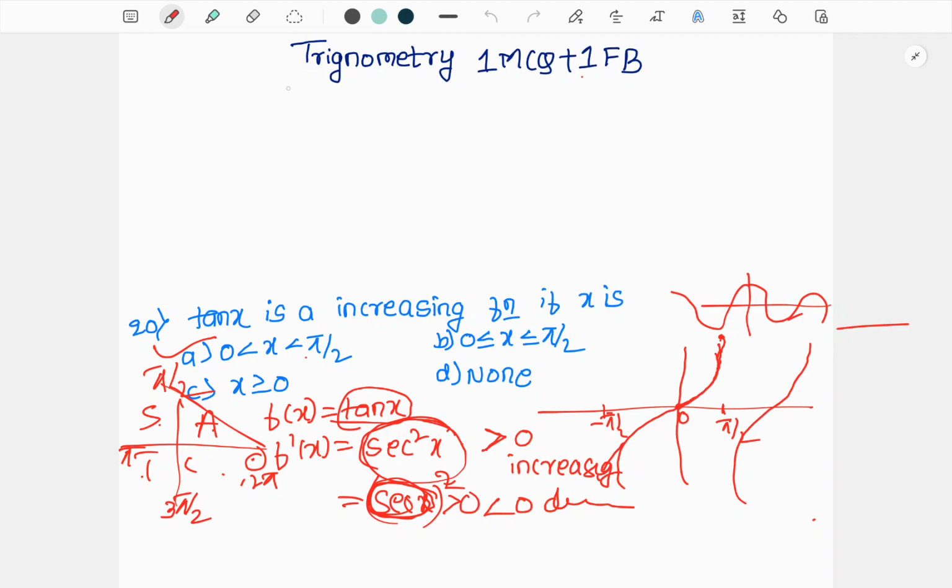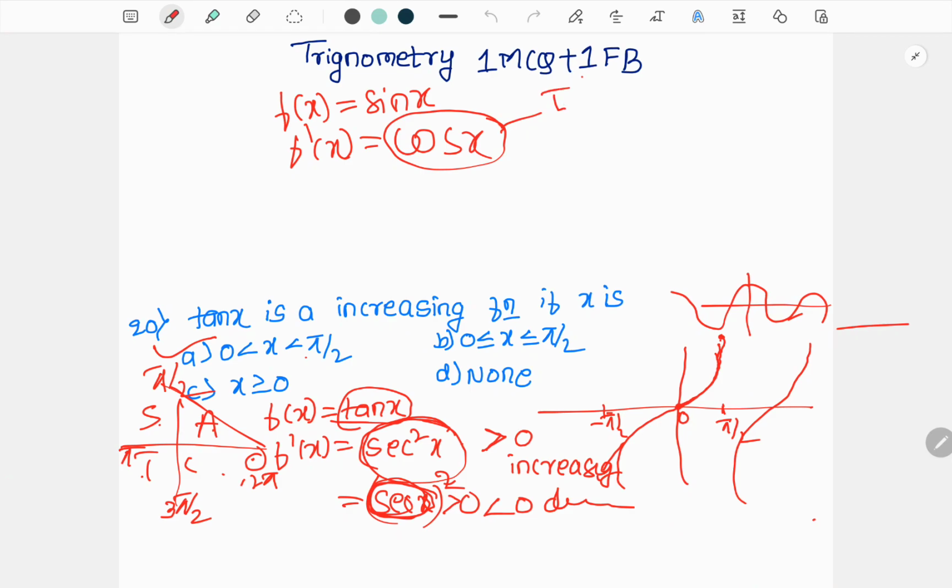I will give you another example. See, f of x is equal to sin x, where is it increasing? Better go with the differentiation. What is the differentiation of sin? Cos x. Now according to ASTC, check, in which quadrant is cos positive? In the first quadrant cos is positive. In the fourth quadrant cos is positive. So it is positive in both quadrants, so it is increasing there. Where is it decreasing?